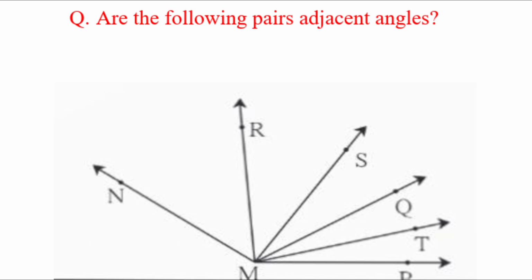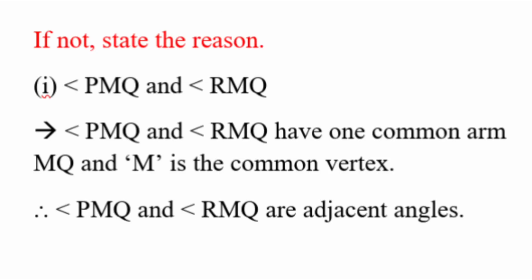So here in all these angles, M is the common vertex that we can easily find. Now some pairs of angles are given, so we have to find whether they are adjacent or not. If the pair of angles are not adjacent, then we have to state the reason.